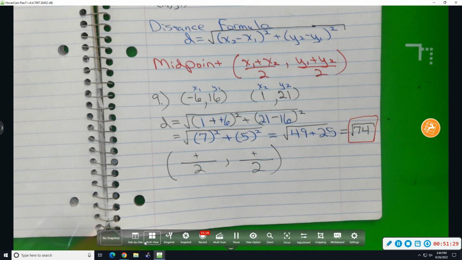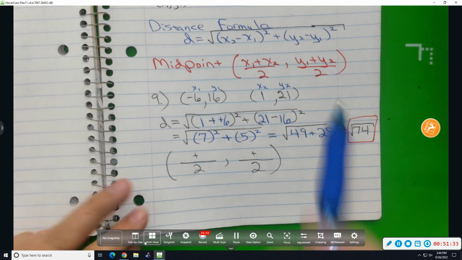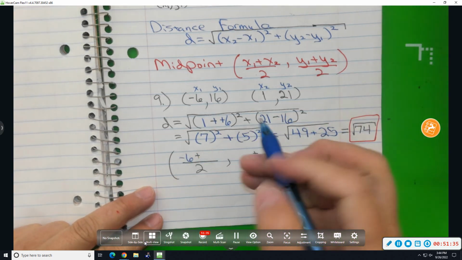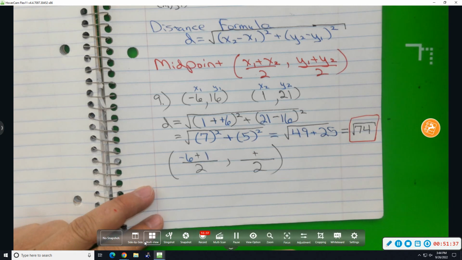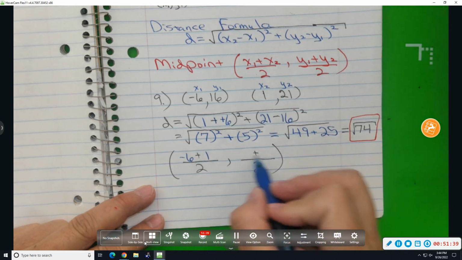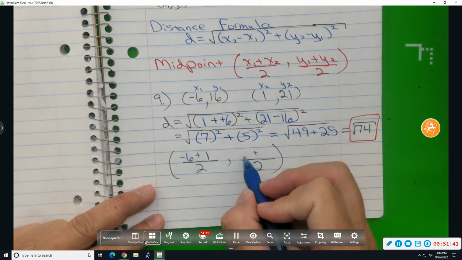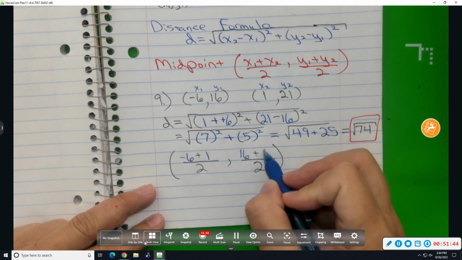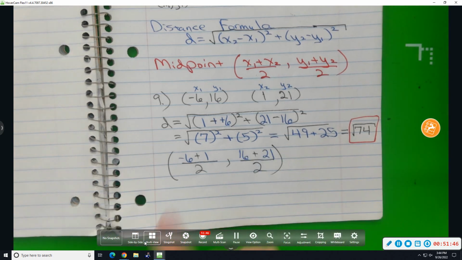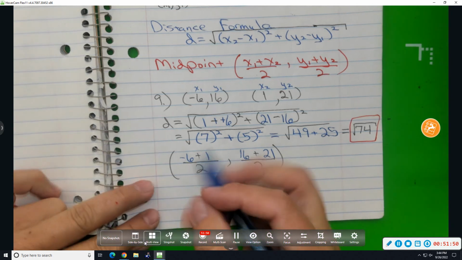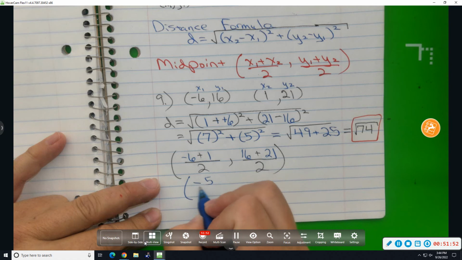So you add the x-coordinates, -6 plus +1. What am I going to put here for the y's? -6 plus 1, that's -5. So we have -5 over 2.